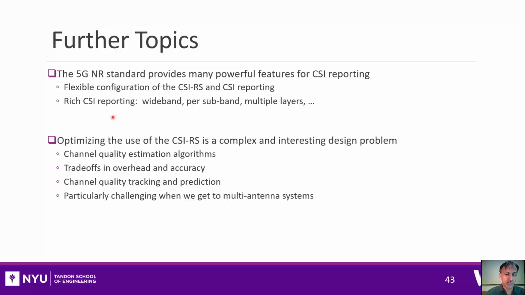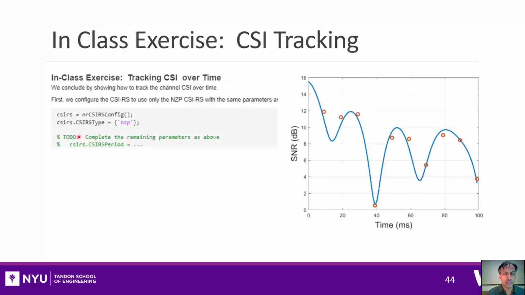You can also report SNR per subband. And when we talk about spatial multiplexing, you report them on different layers. How to optimally use this is somewhat complicated because there are so many knobs that you can tune. Unfortunately, we won't have a chance to get into all of these in this class, but maybe this will give you a little idea of some of the key trade-offs.